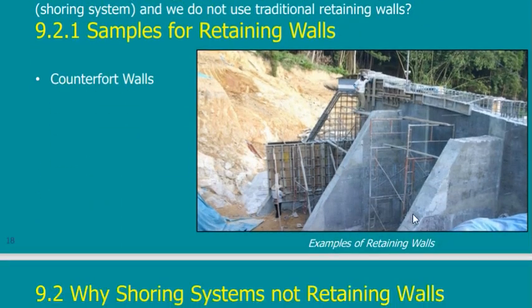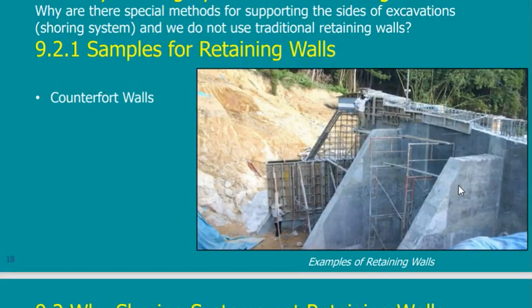This is the counterfort retaining wall. All of these you cannot construct next to the soil. But a shoring system, you can construct it inside the soil. I go to the ground surface, just inject or push my shoring system inside the soil, and once I push it, it is in place.